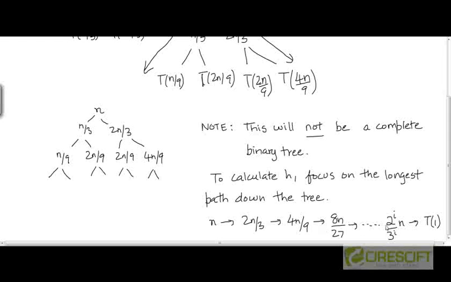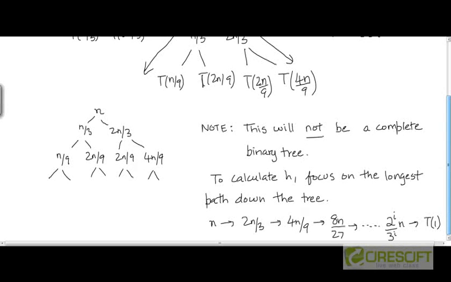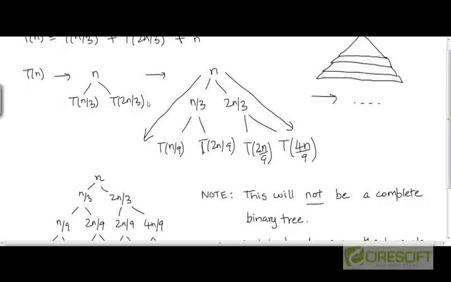So at level i, the size of the subproblem will be 2 to the power i times n divided by 3 to the power i, or 2 by 3 to the power i times n. And that's because when we created the first level, the size of the subproblem was 2n by 3.